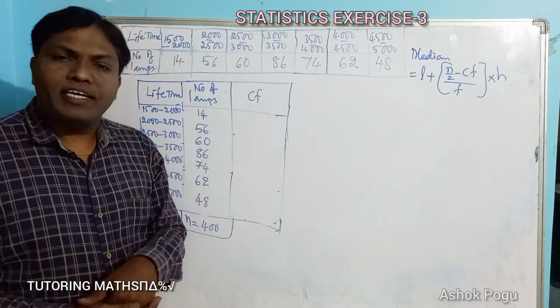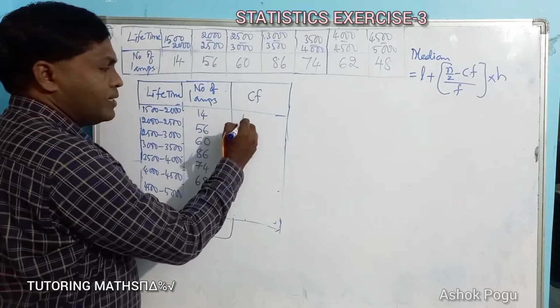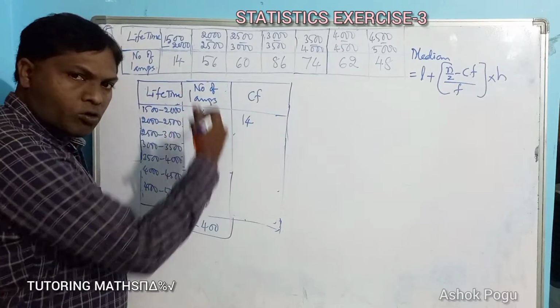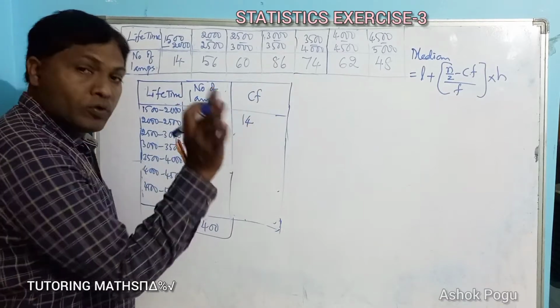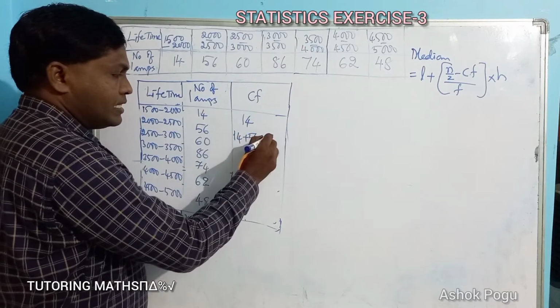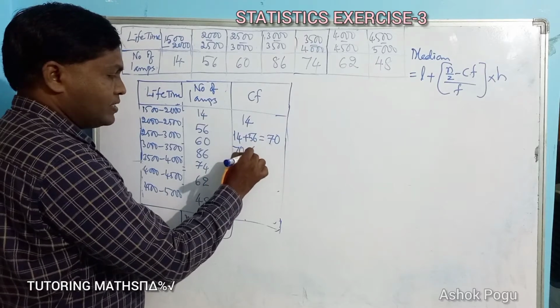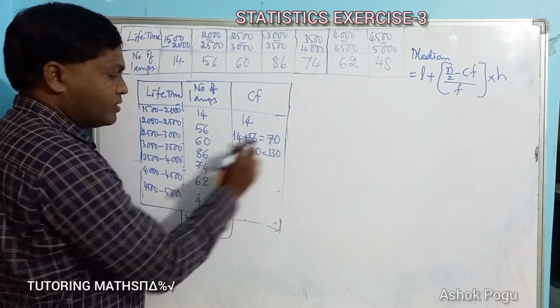Now let us find cumulative frequency. As you know, cumulative frequency can be taken just like this. Go on adding one by one. First value, no change. Second value, 14 plus 56, that is 70. Next 70 plus 60 is 130.